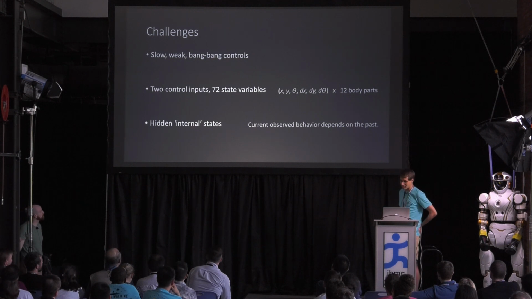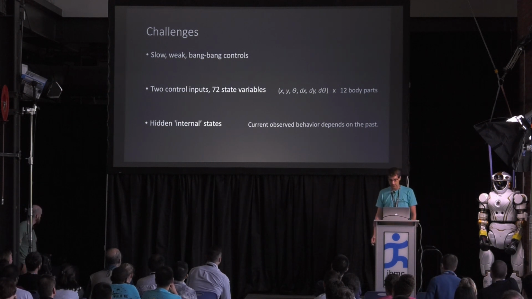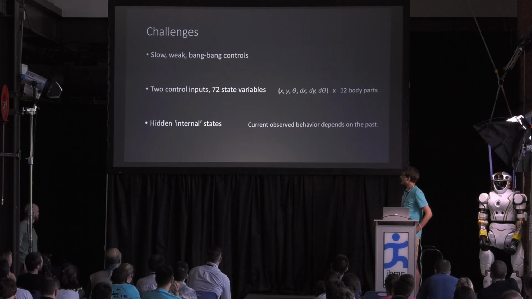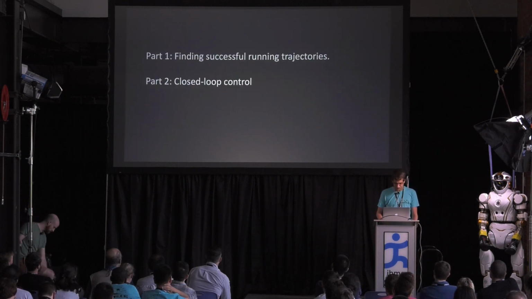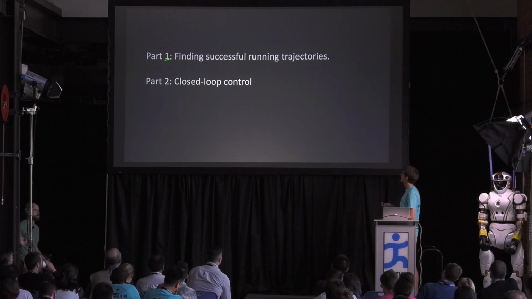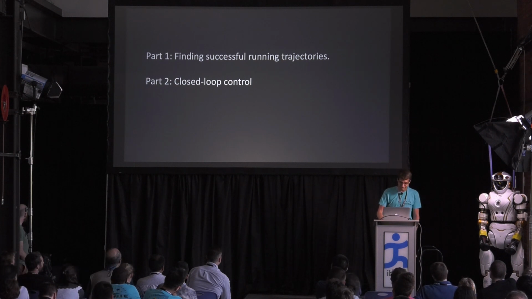At 25 hertz, that's the rate the game updates. And the controls are very slow. It takes about a second for the leg to swing all the way through. We're very under-actuated, and there are also some hidden state variables inside of the physics engine, which creates a history dependence in there too. So I'm going to talk a little bit about first finding successful running trajectories, and then talk about trying to close the loop and make a full controller for it.